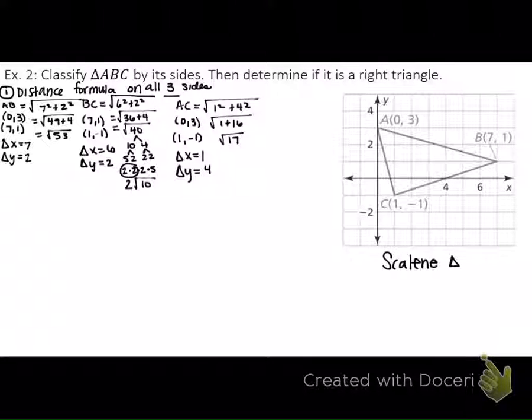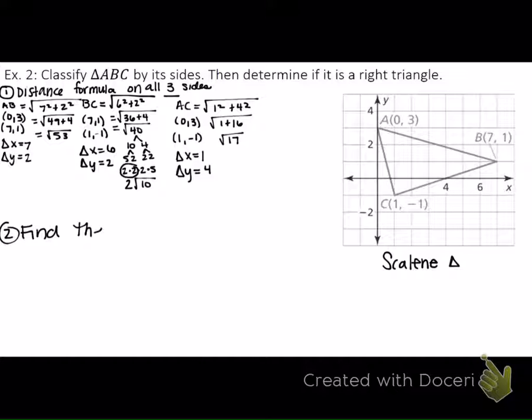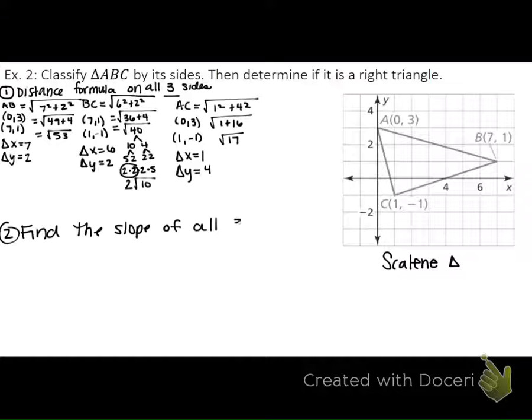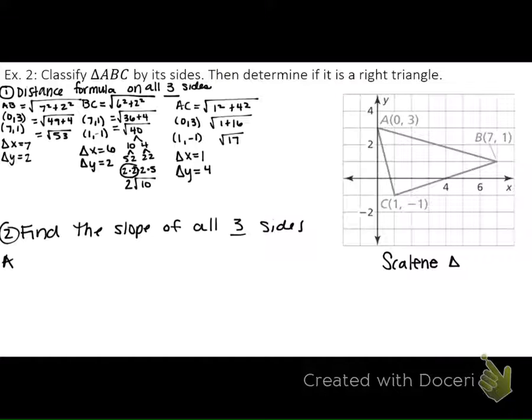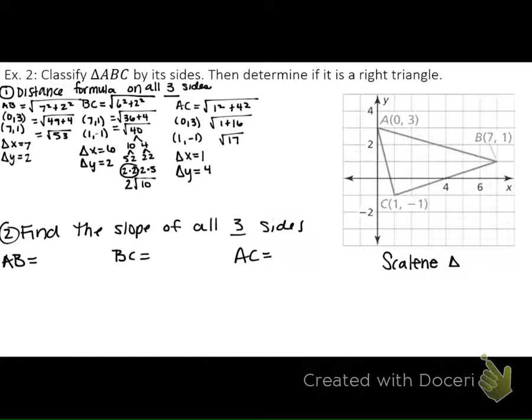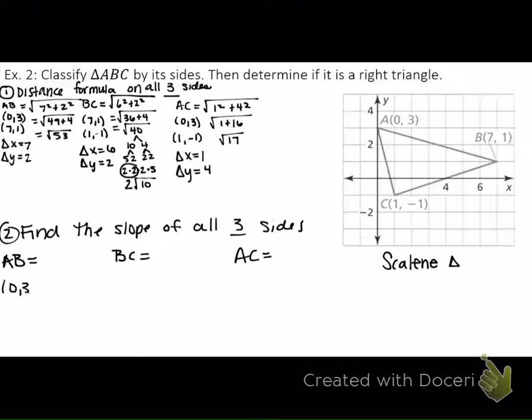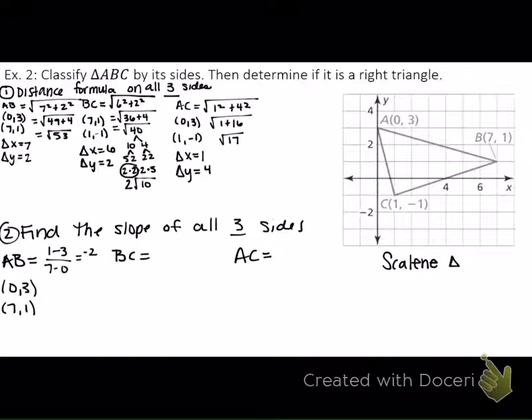All right, so now we have to see if any of the sides are right, so we find the slope of each side. So I do 1 minus 3 over 7 minus 0, which is negative 2 over 7.